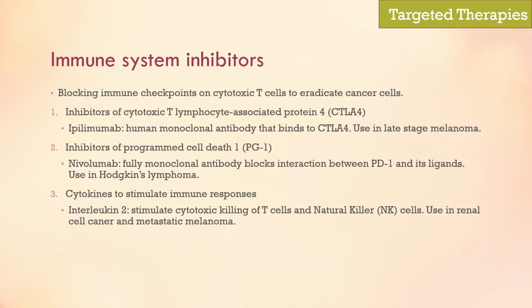Immune system inhibitors block the immune checkpoints on the cytotoxic T cells to kill the cancer cells. So ipilimumab and interleukin 2 are used in melanoma, and nivolumab is used in Hodgkin's lymphoma.